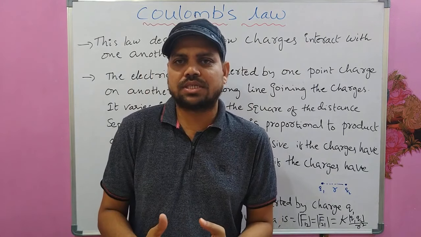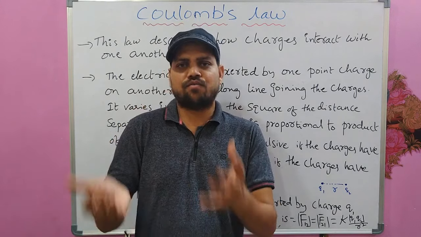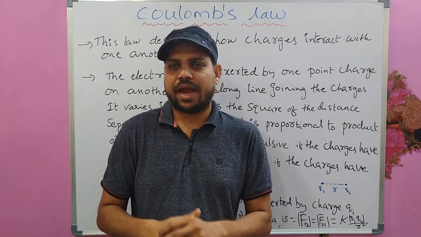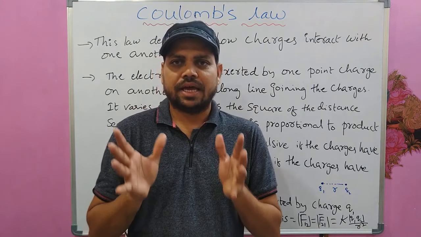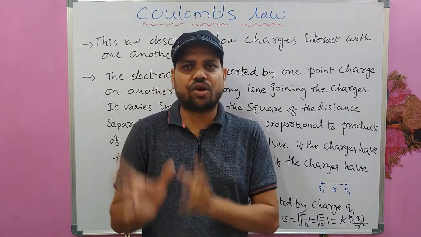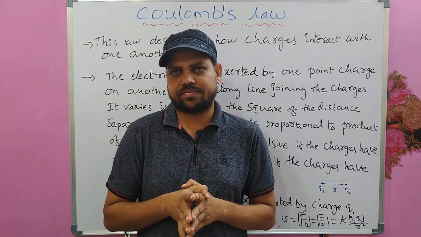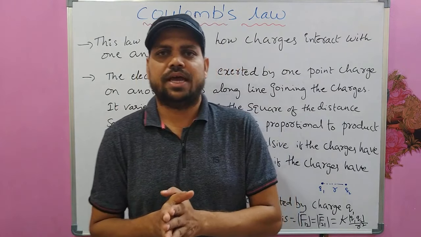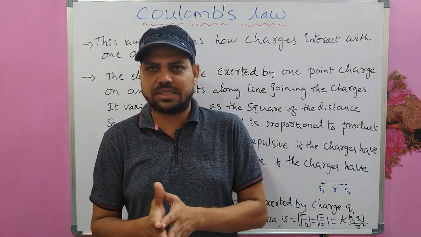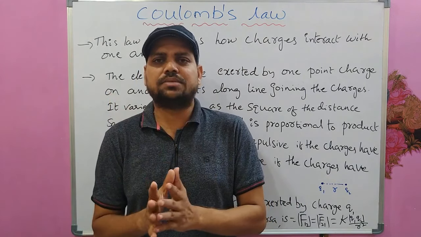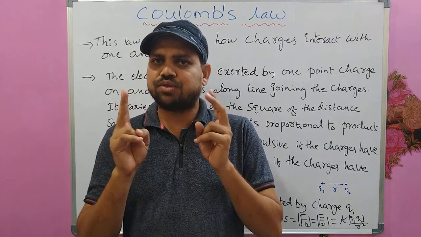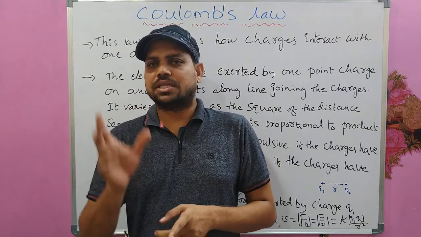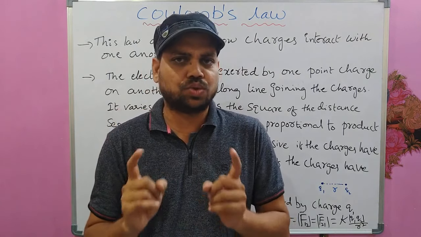The electric force exerted by one charge on another charge is always along the line joining those two charges. The magnitude of this electric force is proportional to the product of those two charges and inversely proportional to the square of the distance between them.